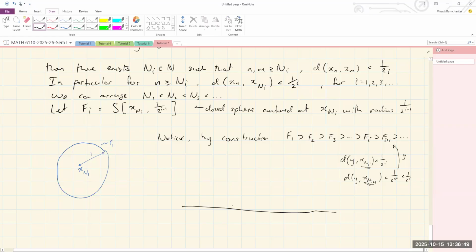If the distance between xn and xn1 here is 1/2, and you want terms where instead the distance is smaller than a half, say a quarter, then you need to march further out in your sequence.